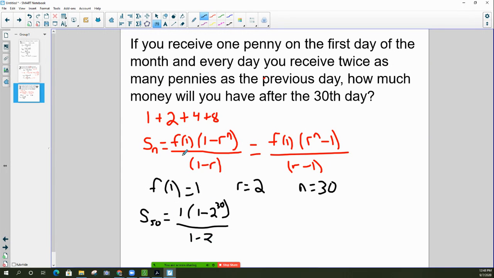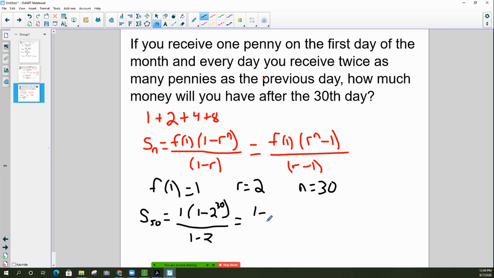I plugged it into this first one, so you're going to see that I'm going to get some negative numbers here. If I would have plugged it into the second one, I would have avoided the negatives. Either one, it doesn't matter. So right now, I'm going to need a calculator to do this. I need to do 1 minus 2 to the 30th.